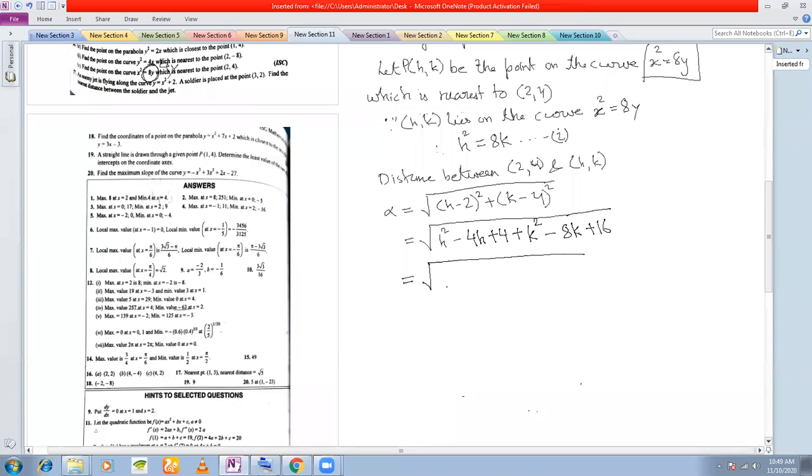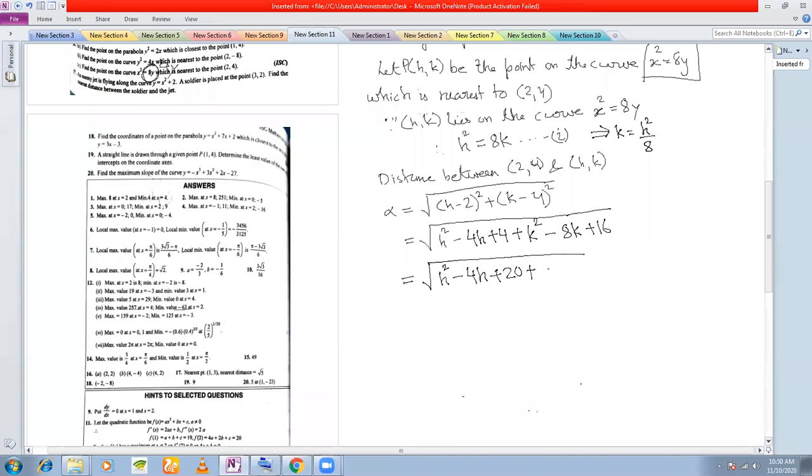Now you see that k is h square by 8. So let us put the value of k. Last time I was putting the value of h, now let us put the value of k. So h square remains as it is, 4h remains as it is, 4 plus 16 becomes 20, and k square, since we are putting the value of k, what is k from here? k is h square by 8. Because if we put h is equal to root k, again you're becoming a radical inside a radical. So better to avoid that, instead put the value of k.